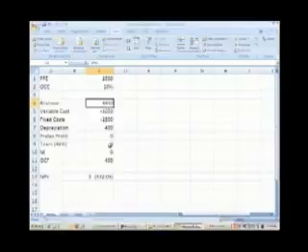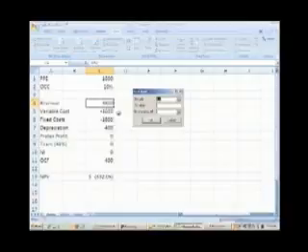Now notice that when the net income is 0, the operating cash flow is 400. That's because the operating cash flow is just the depreciation expense. Now the next kind of break-even, and this is equally as easy, is operating cash flow. So I'll go once again to Goal Seek, and this time I want to set operating cash flow to 0.